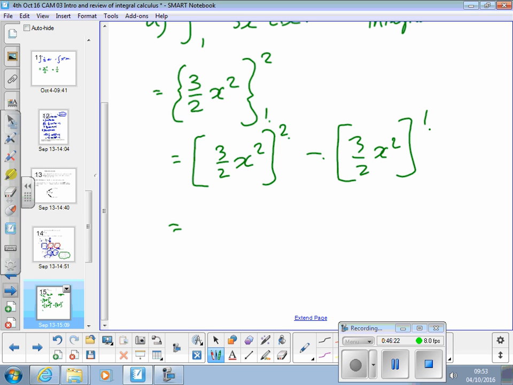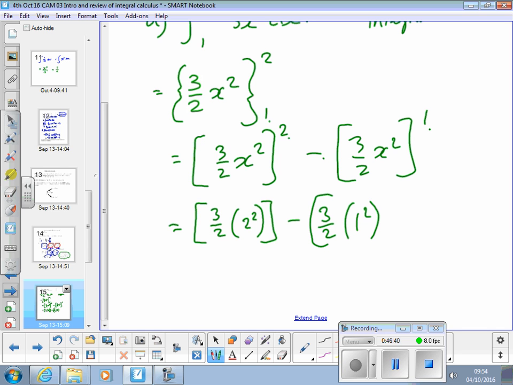And I do recommend to start with at least you write these things out. 3 over 2 times 2 squared, minus 3 over 2 times 1 squared. And again, you want to be careful when you start getting negative signs in there. Use brackets liberally before you multiply everything out.